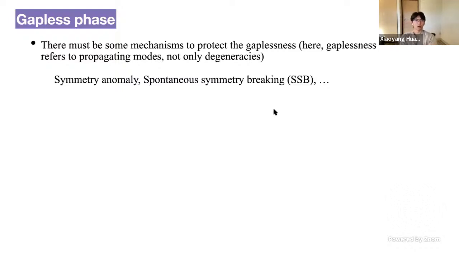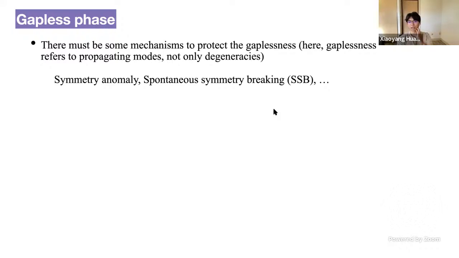Having talked about these hydrodynamic modes, we know from our experience that for a gapless phase, there has to be some mechanism to protect the gaplessness. Examples include the symmetry anomaly. Imagine you have a quantum Hall state with a chiral edge mode, and the chiral edge mode is gapless, in the sense that there's a chiral anomaly happening there.